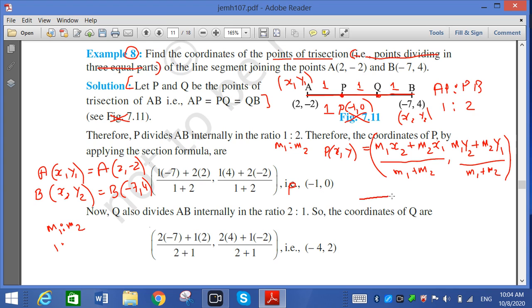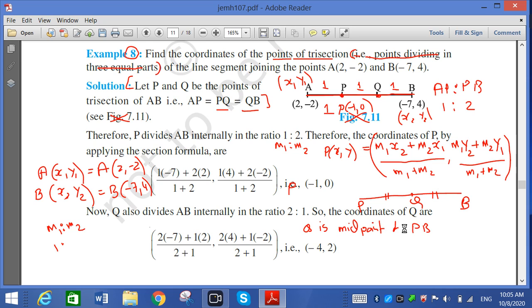Now if you see, I am writing here P, here B and Q. Here PQ is equal to QB, so we can say that Q is the midpoint of PB.